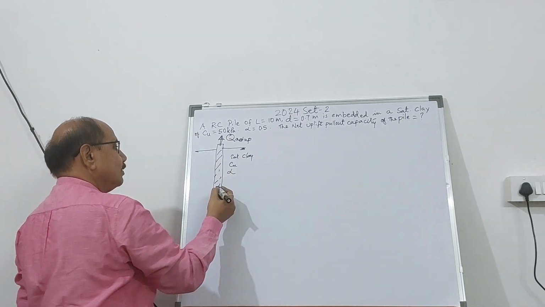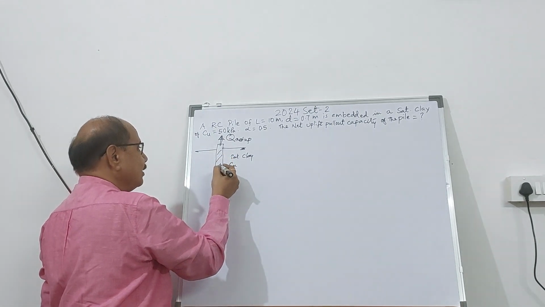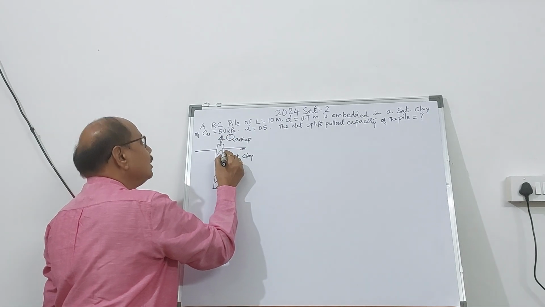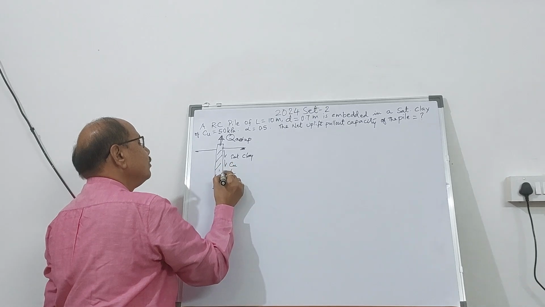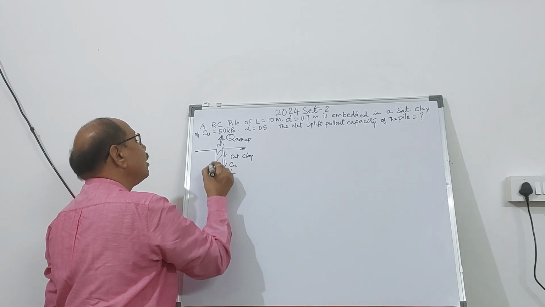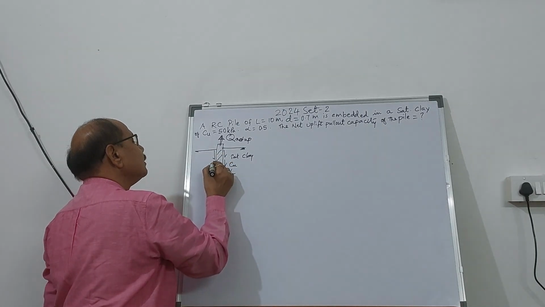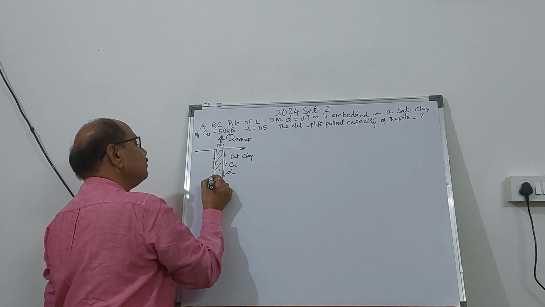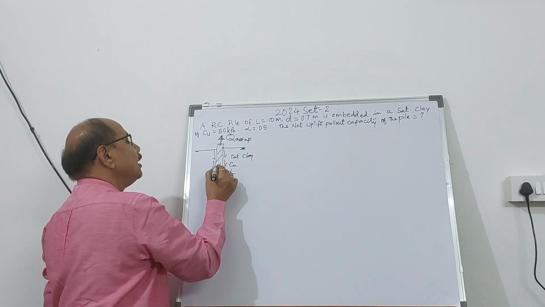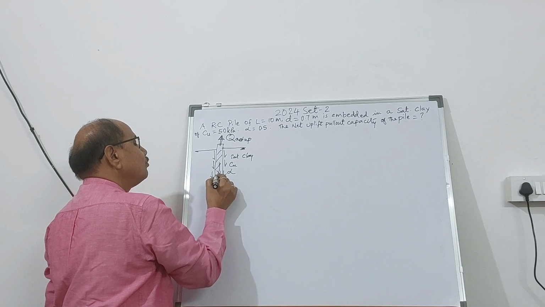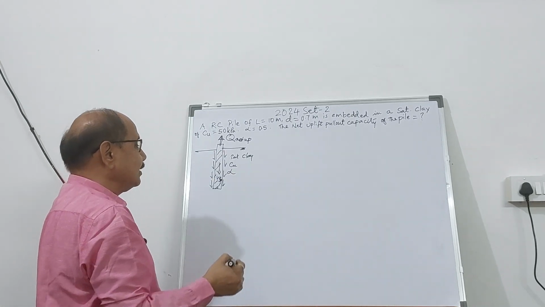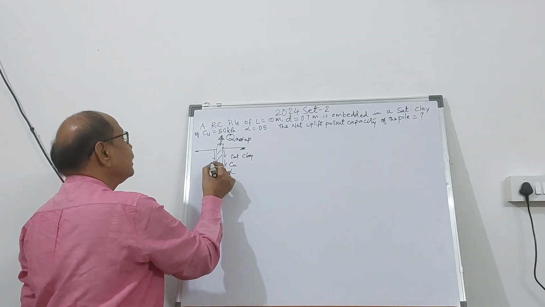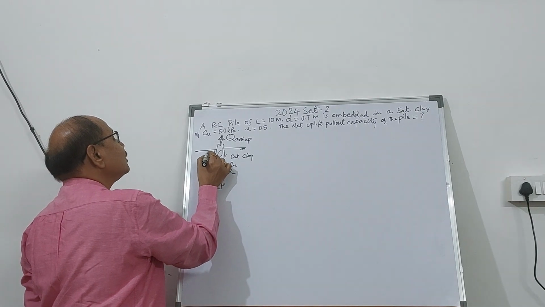And definitely the pull-out capacity, when it is being pulled out, there will be frictional forces that will act in the downward direction. So the frictional forces will come over here along with the weight of the pile. So what are the forces acting in the downward direction? The frictional forces.